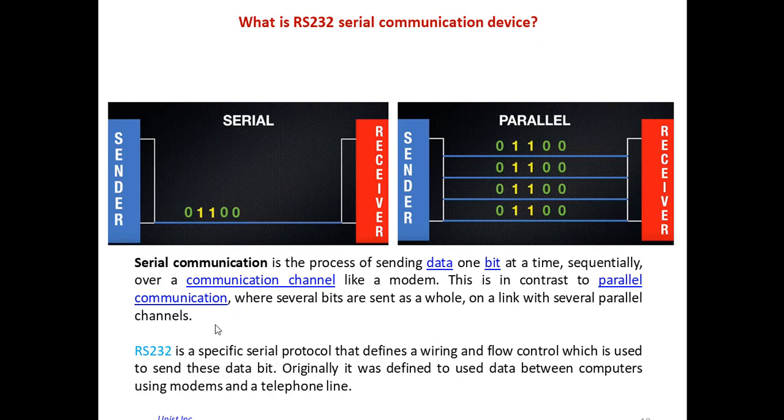And RS-232, which is basically those pins that I just showed you on your instrument, is a specific serial protocol that defines the wiring and flow control used to send these data bits. Originally, it was defined for data exchange between computers using a modem and a telephone line. Old computers all have RS-232 pins, and that is how you connected them to a modem and then to the internet. I think you all might remember that from the old days.